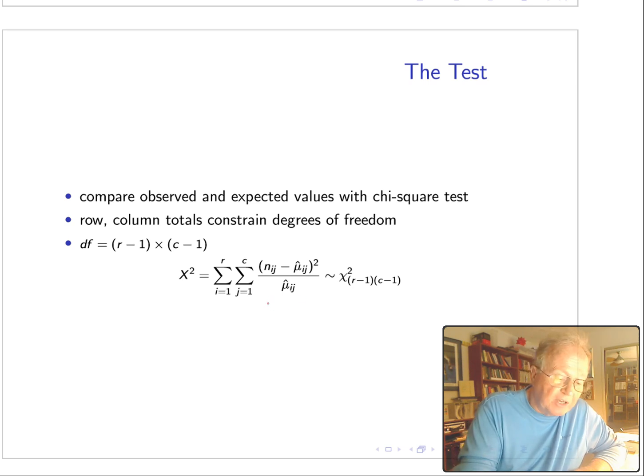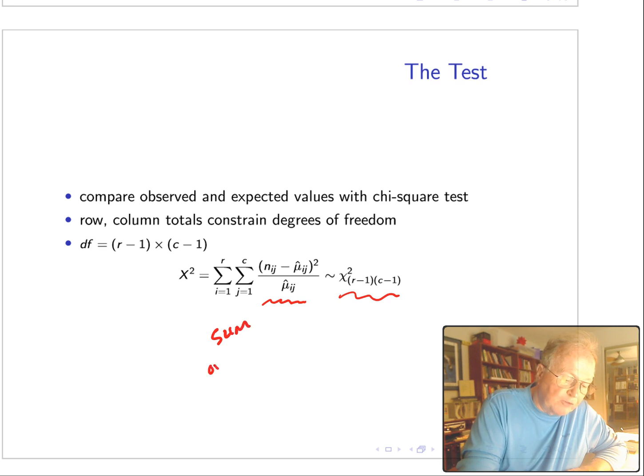And so here's our usual chi-square statistic. Okay, so count minus expected value squared divided by expected value. Add them up over all the rows and columns, and then you get a chi-square distribution with those indicated degrees of freedom. So sum over all rows and columns.